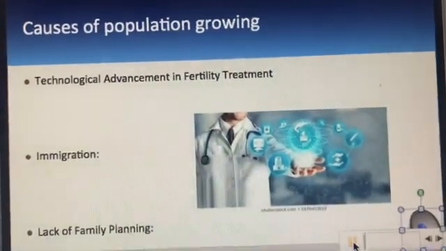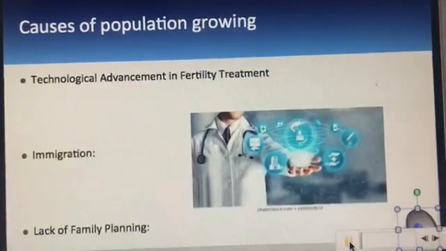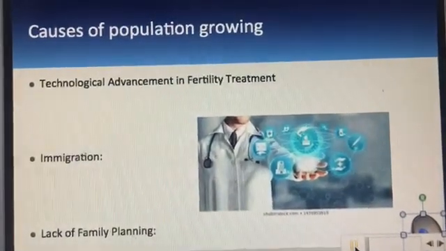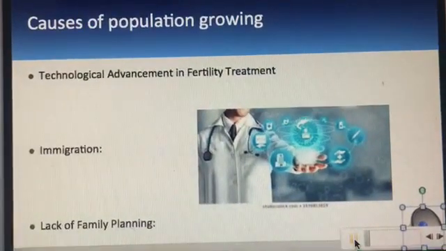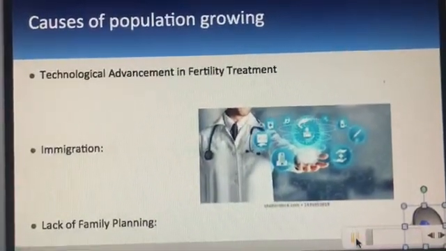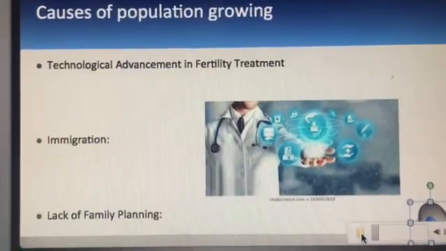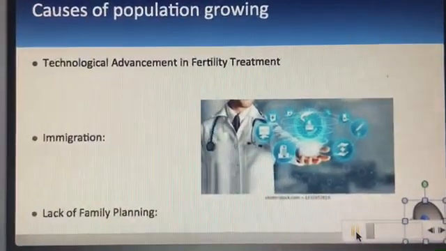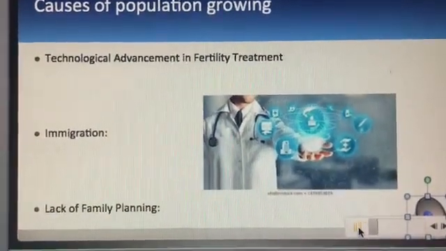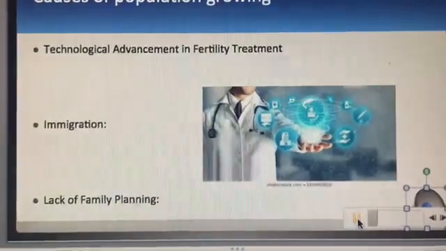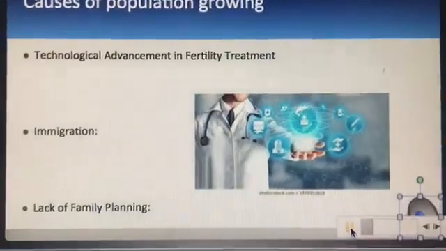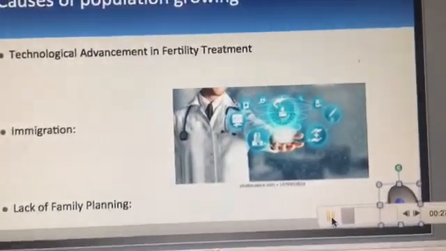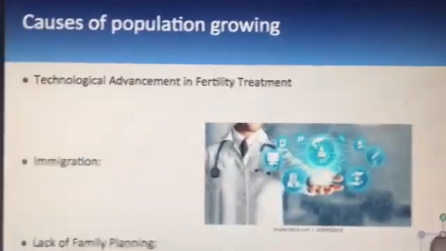Other causes of population growth are the technological advances in fertility treatments. Nowadays, people can get different treatments so they can have a family. Another cause is immigration, because many people prefer to move to developed countries like the US.